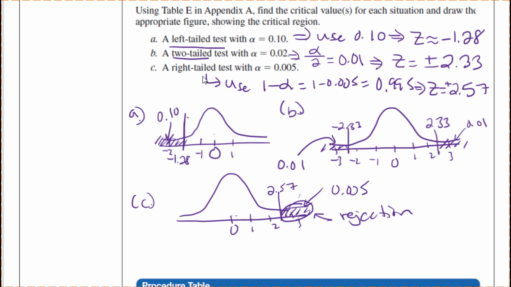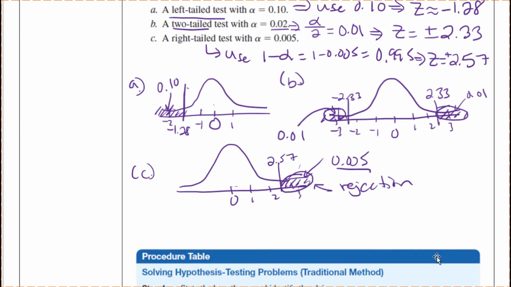So that's what this rejection region is saying. It's like 0.5% because it's 0.005. Same thing for these guys. If I'm in any of these rejection regions and I reject, there's a small chance that I'm incorrect. There's a 1% or a 2% chance that I'm incorrect in my conclusion.